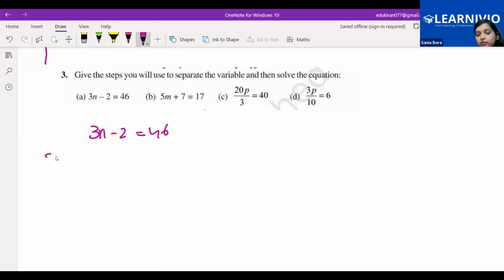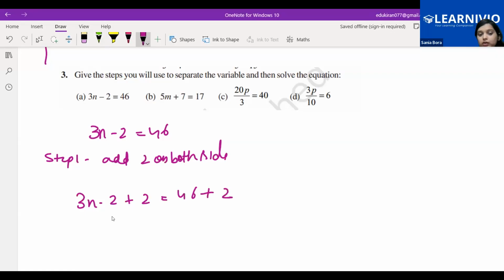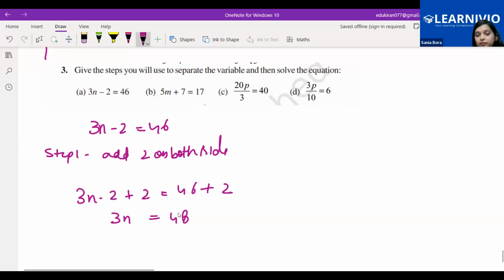So step 1 would be add 2 on both sides. So it would be 3n minus 2 plus 2 equals 46 plus 2. So here 3n is left and here 48 is left, right?